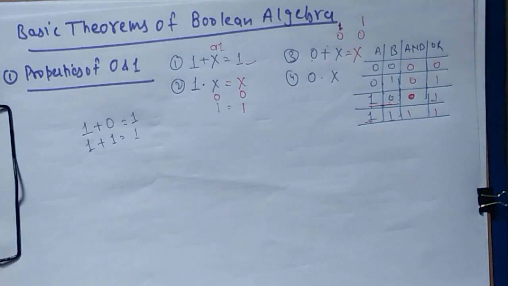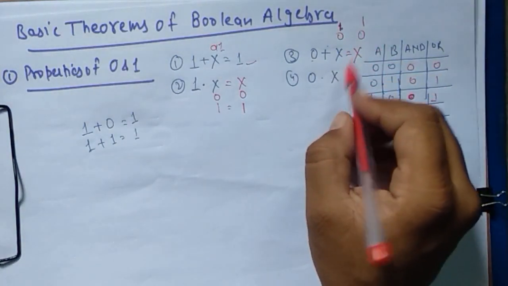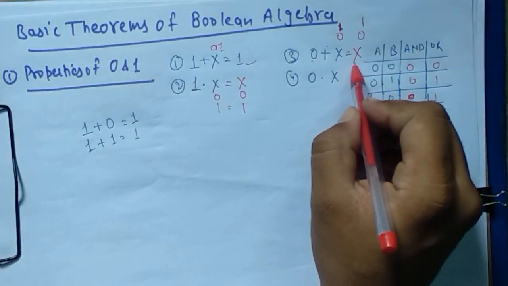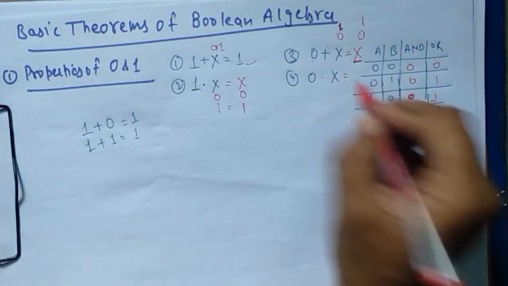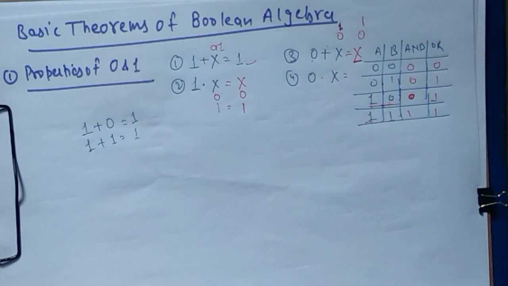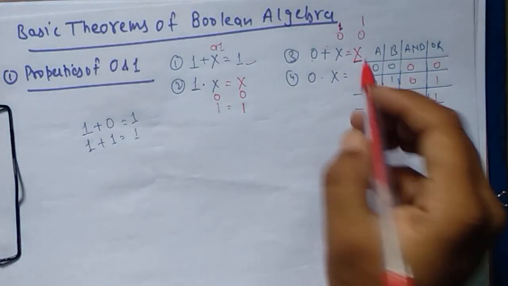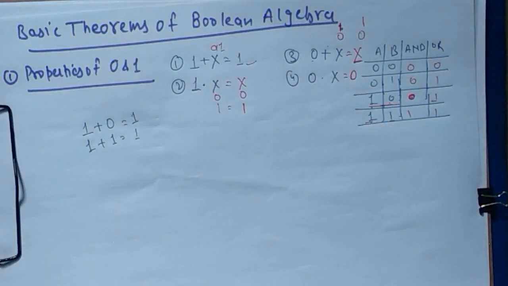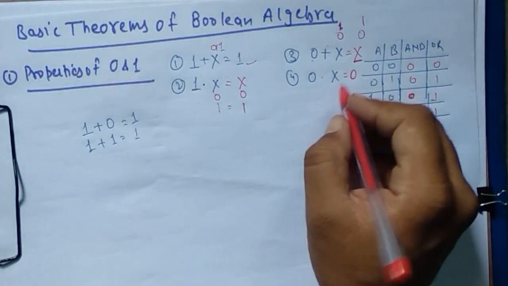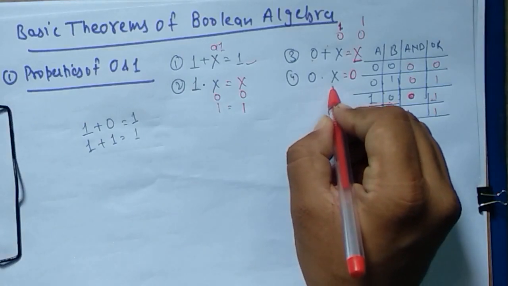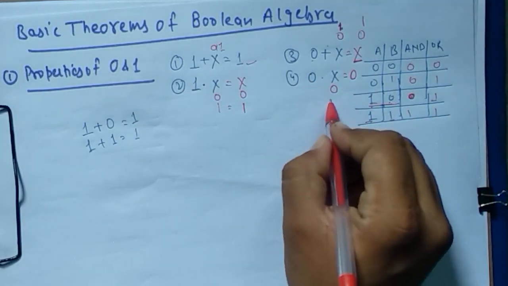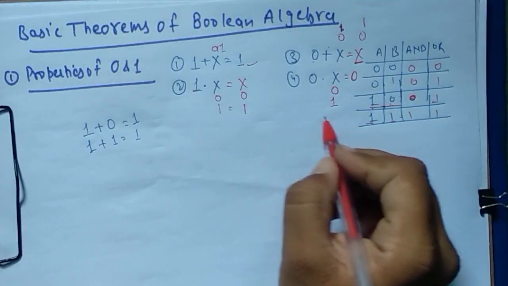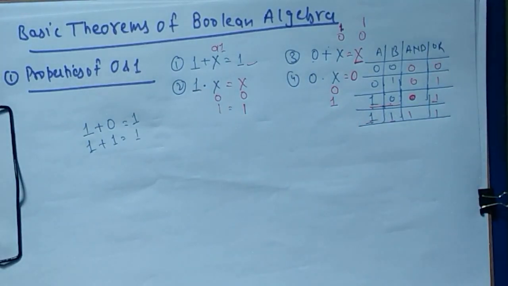So in both cases the result will be according to the value of x. But if the first value is 0 and we are doing the AND operation, then it doesn't matter what the value of x is, the result will be 0. If x is 0, then 0 and 0 will be 0. If it is 1, then 0 and 1 will be again 0.